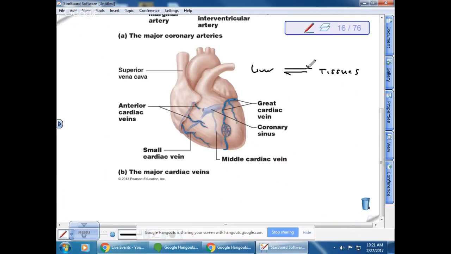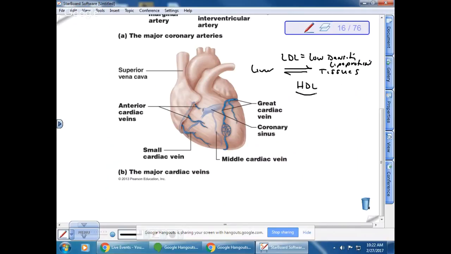When it goes out to the tissues, this is the LDL, which stands for low density lipoproteins. HDL carries it the other way, from the tissues to be stored in the liver, and this is actually good.